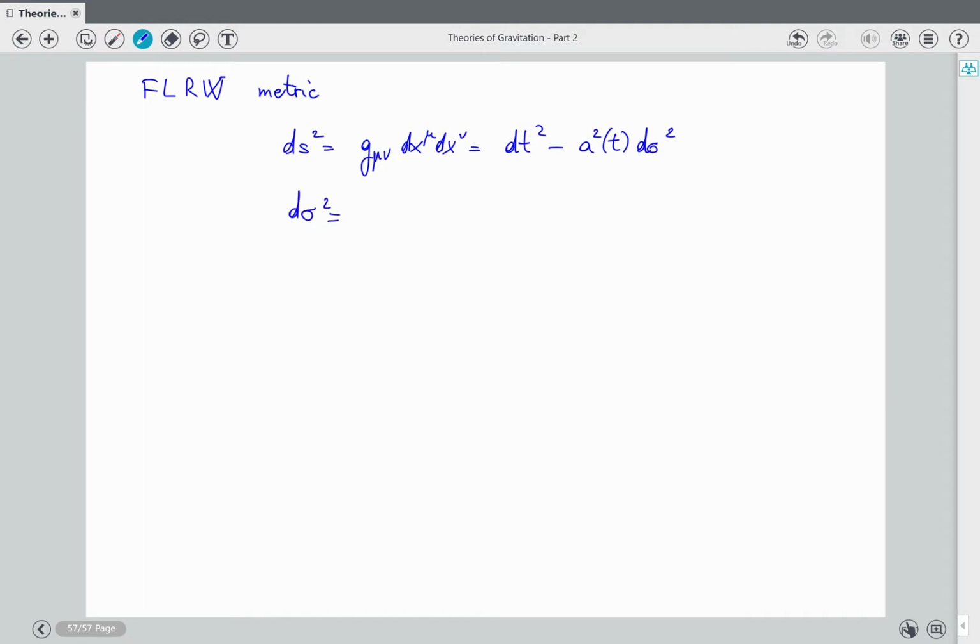But this sigma squared is defined here, and in the normal situations, k can be 0, 1, or -1, depending on whether your universe is expanding or will expand forever or will bounce back or in between. Normally, k is assumed to be 0, but here we don't need that assumption.